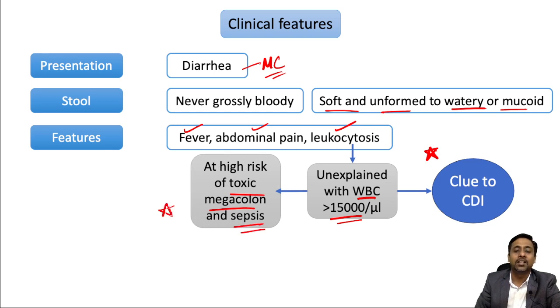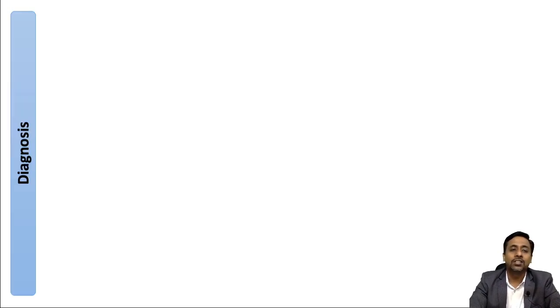So remember, leukocytosis is a clue to CDI, and it is a risk factor for development of complications such as toxic megacolon and sepsis.